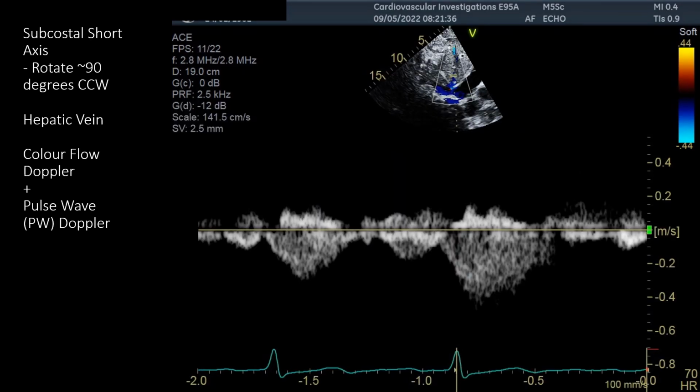We interrogate that hepatic flow further with pulse wave Doppler, again looking to see that flow is predominantly occurring below the baseline and that there is no retrograde flow occurring in the hepatic vein, which would signify significant, severe tricuspid regurgitation.